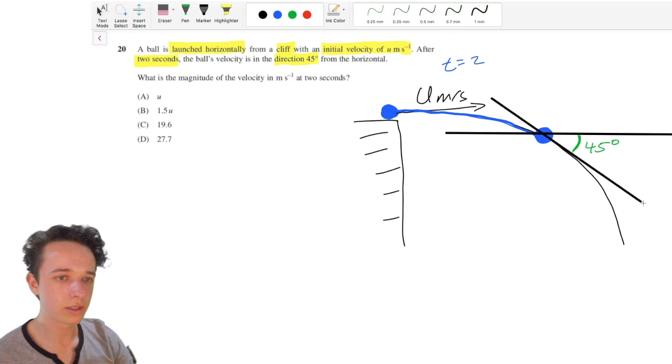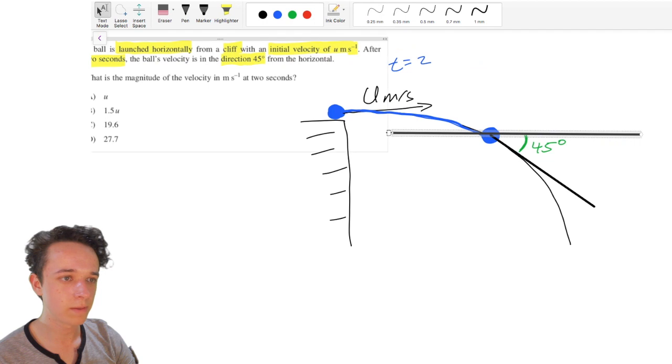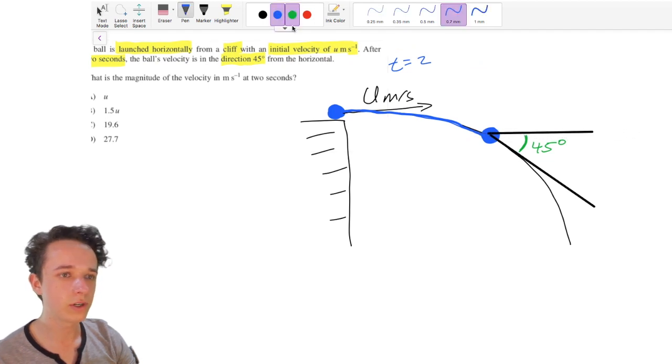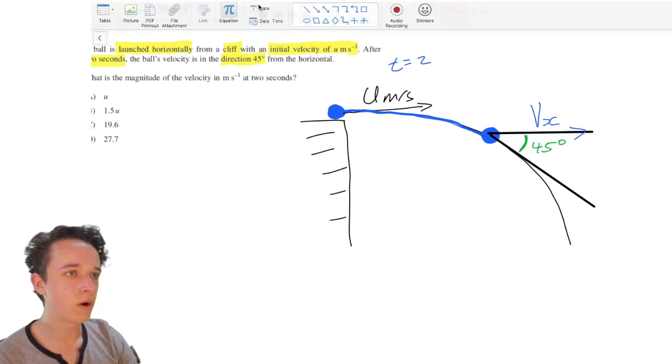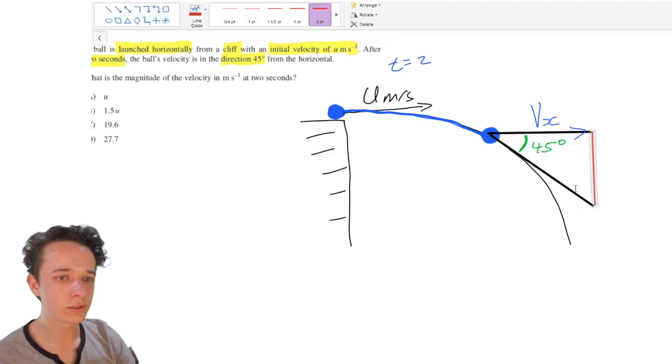I'll just extend this out a little bit. And so we can form a triangle with that information, right? And I'll just form the triangle like this. And this triangle has some velocity Vx going in this direction, and it has some velocity Vy going in this direction here.